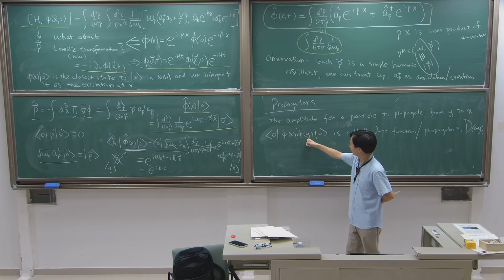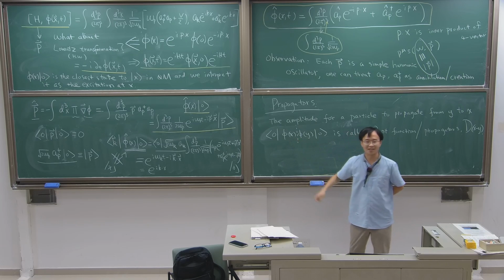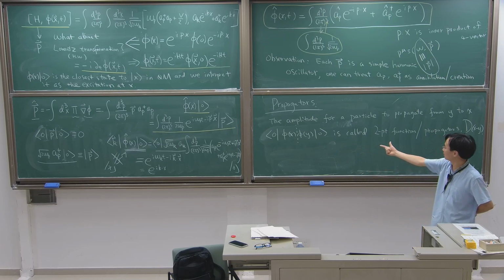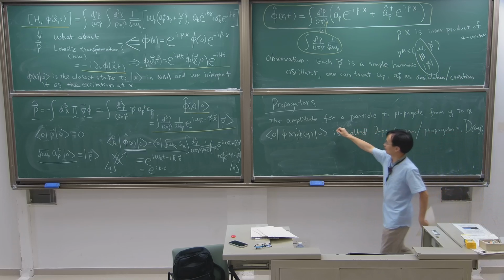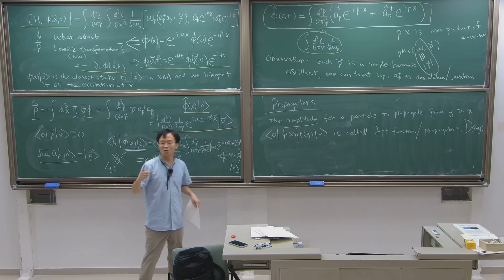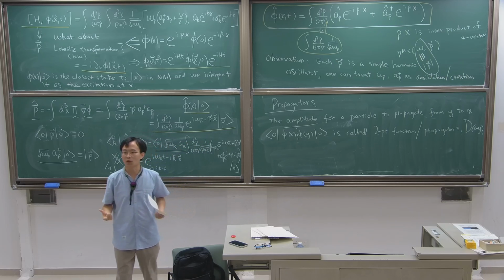So you excite a state at y and then disappear at x. Then there is a probability or amplitude for this process, right? This quantity is about to measure such an amplitude. We learned in quantum mechanics, whenever you take one state overlap with another state, it has the meaning of an amplitude, right?